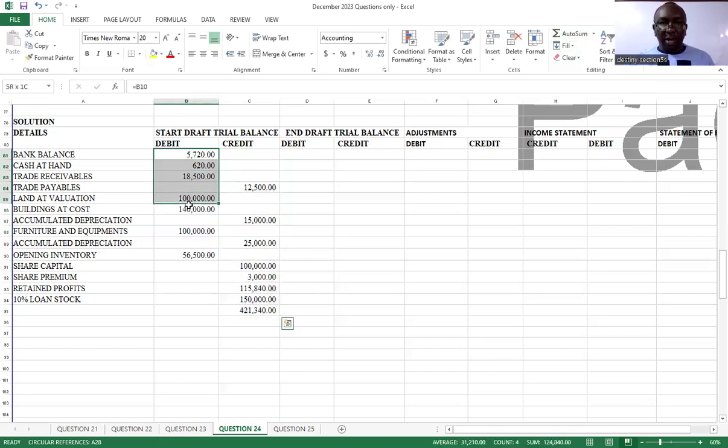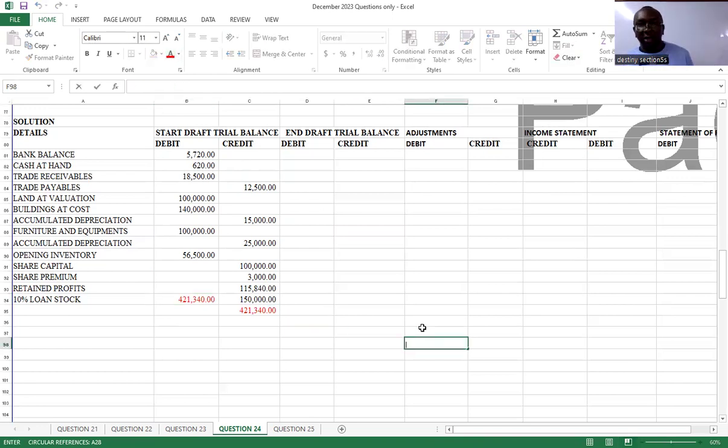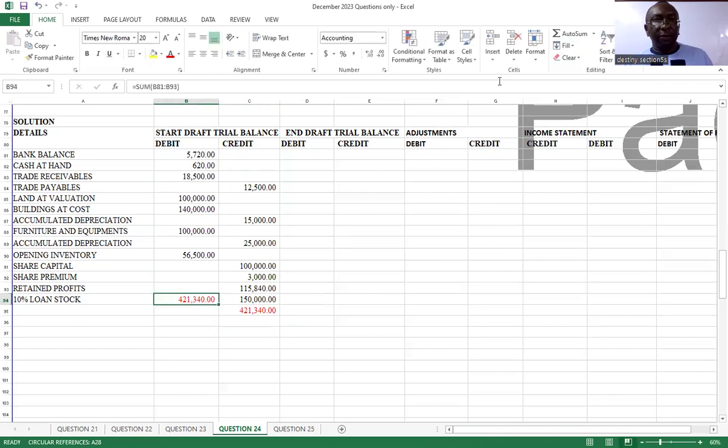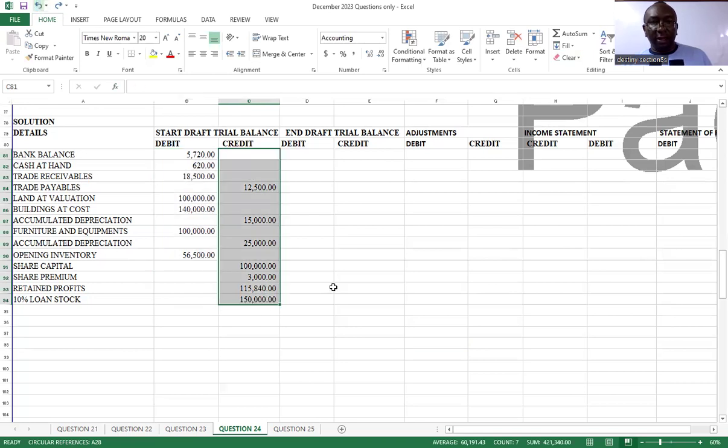Then you pick these ones up to here and you also auto sum. Yeah, you can see, although they have gone to different points, this one and this one match. So the opening trial balance does balance. So let's clear these ones because we have not yet come to the end.